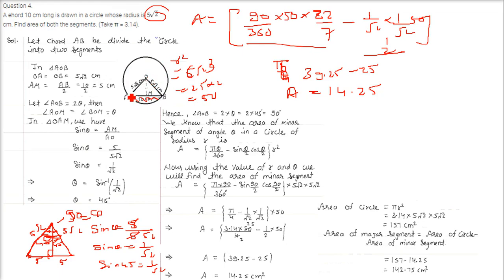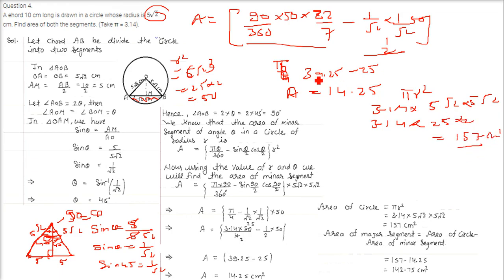So in order to find out the area of the major segment, you have to take the area of this whole circle and subtract this minor segment. So what is the area of the whole circle, which is pi r square? So it will be 3.14 into r is 5 root 2, so 5 root 2 into 5 root 2. So 3.14 into 25 and then root 2 into root 2 is 2.